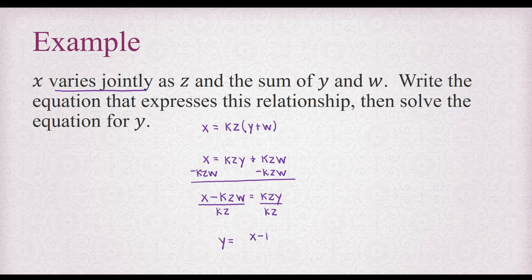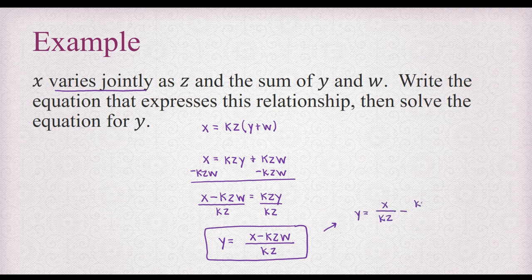And if you want, you can leave it as this one big fraction, because notice that the numerator doesn't factor any further. Like there's no GCF, so I can't take anything out to see if I can do that. Otherwise, I could break it up individually. So like I said, this could be my answer. Or if I actually wanted to divide it, I could think of it as x being divided by kz minus kzw being divided by kz.